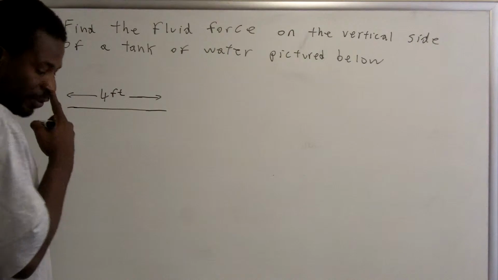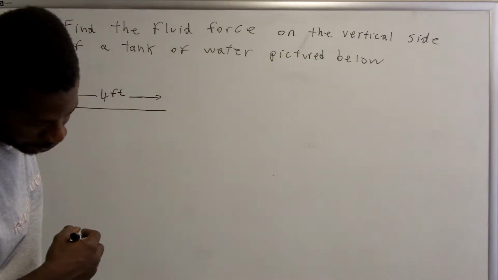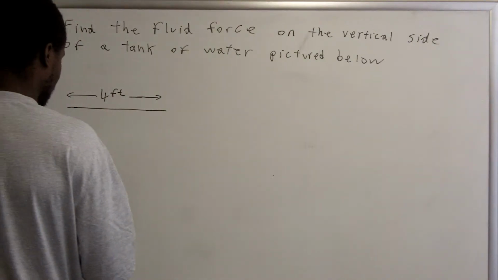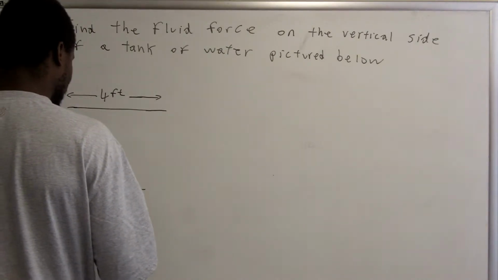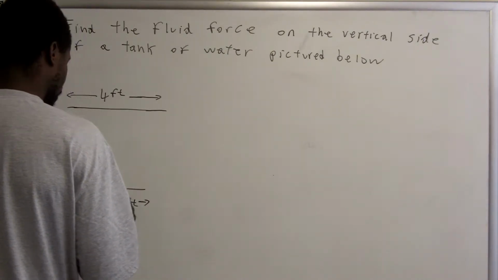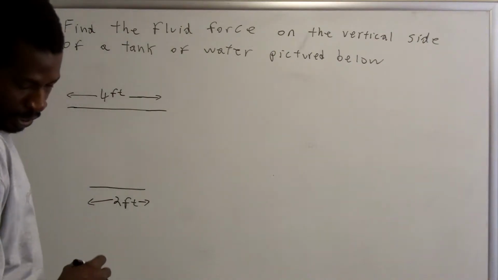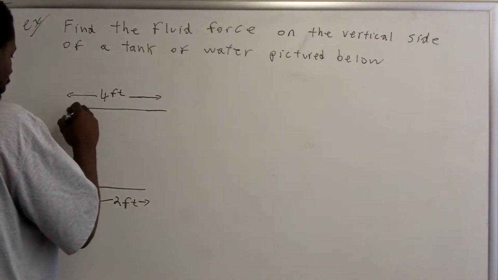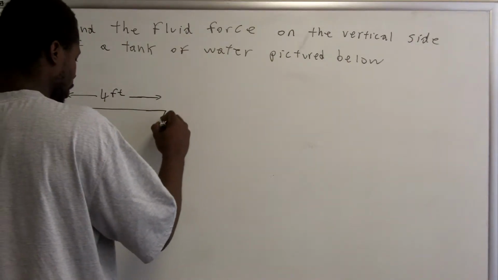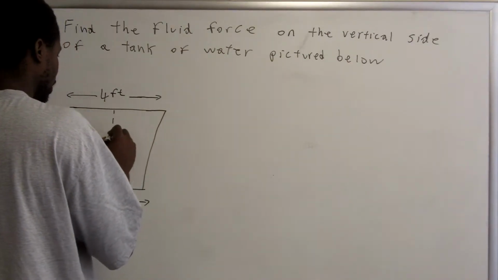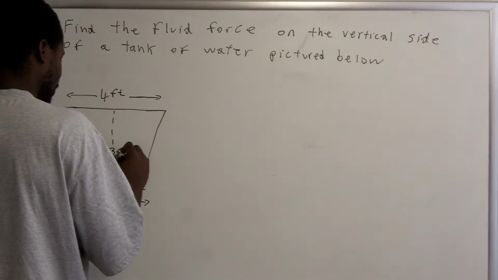That distance there is 4 feet. And the bottom of the trapezoid, the bottom base, is 2 feet. We have 2 feet at the bottom. And the height of this trapezoid is 3 feet.